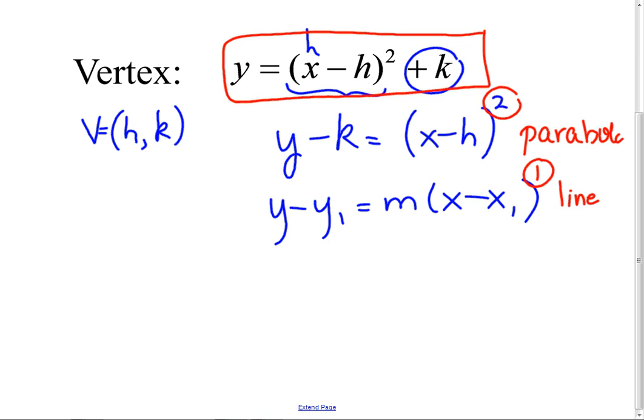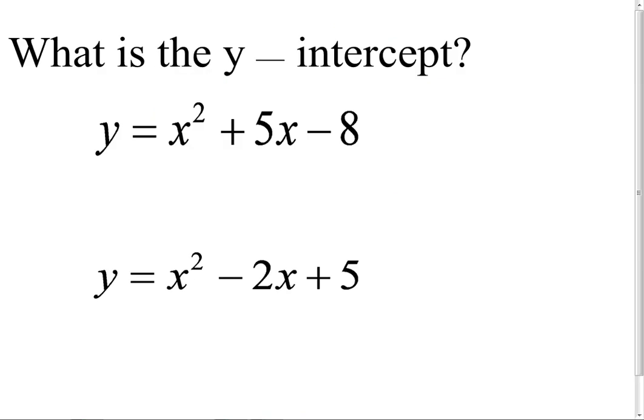Now, you're going to have 5 key points that you're going to be looking at when you graph a parabola. One of them is the y-intercept. So the first one is the y-intercept. Remember what that is?